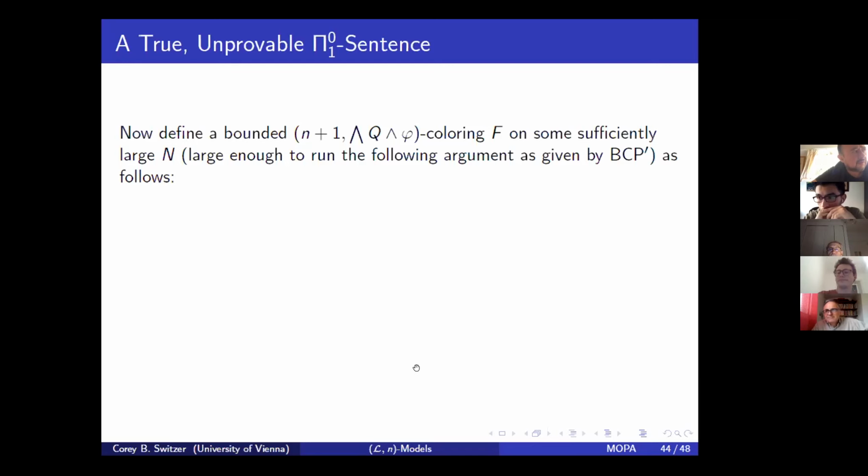The reason why you get the equiconsistency results in forcing for ZF may be connected to the fact that you have a truth lemma and a definability lemma, this very strong asymmetry.